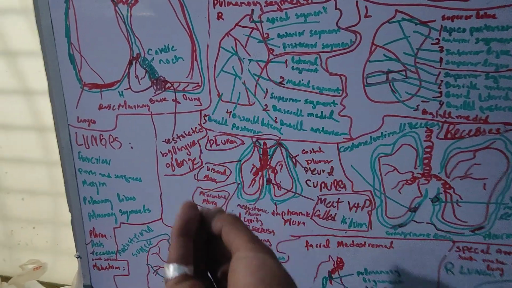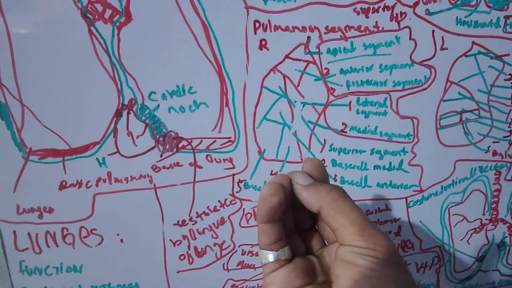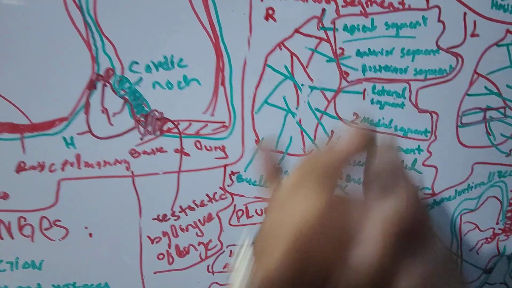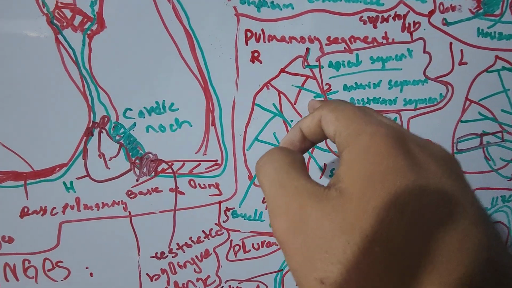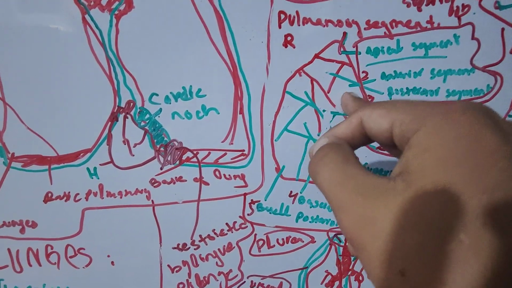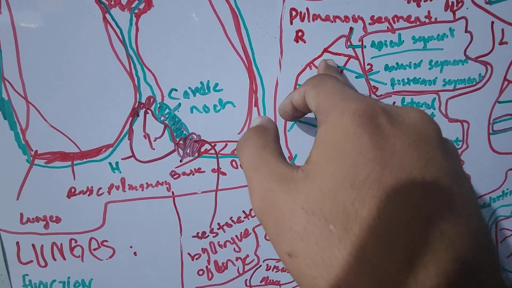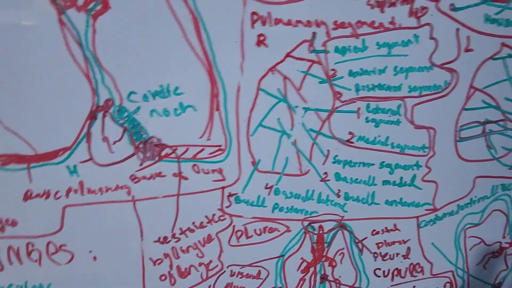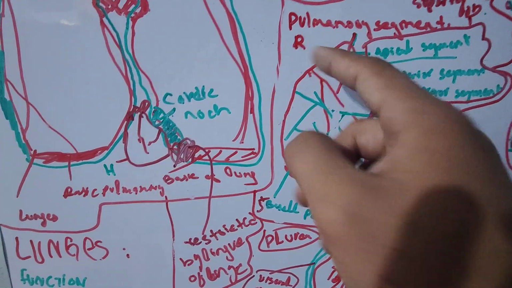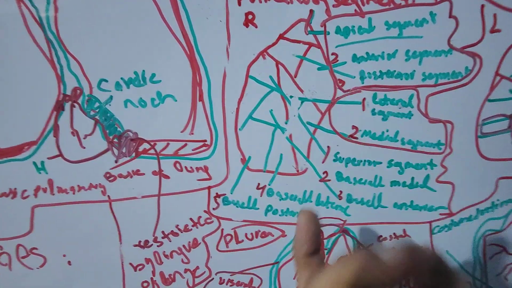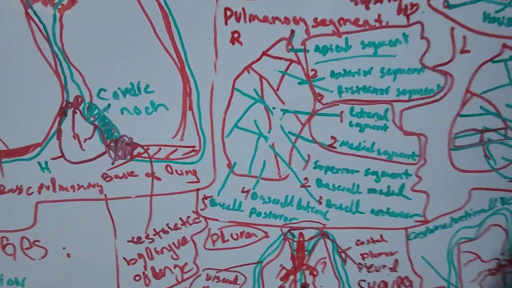If we know the segment, we can cut out that segment without harming the other segments and the patient can survive. If we don't know the segment and cut the wrong part, then we have a big problem. But when we know the segment, we only cut this posterior segment, and the patient is safe.